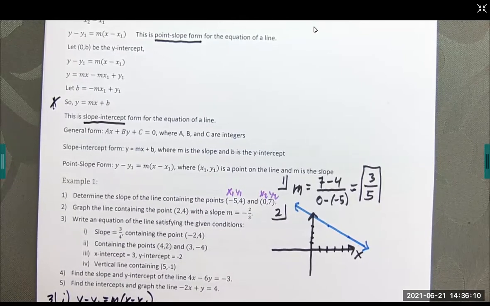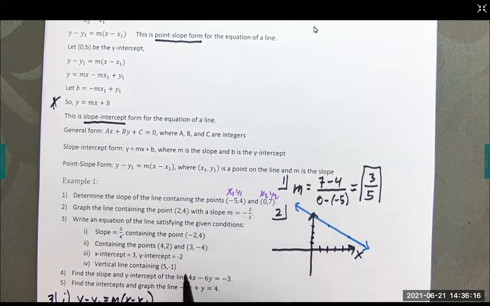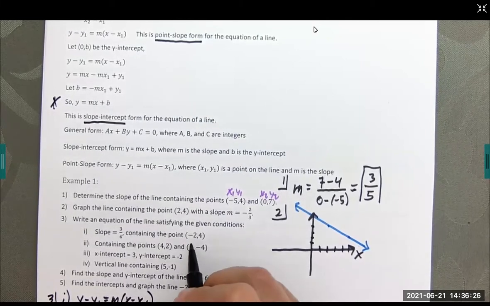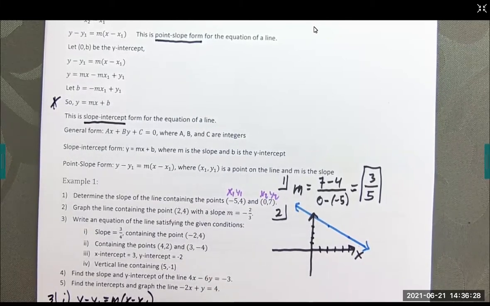So y, and again, with the minuses here, we've got to be careful of a double negative. We are here. y minus 4 equals 3/4 times x minus -2. So essentially plus 2.